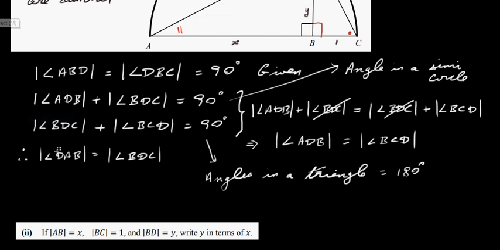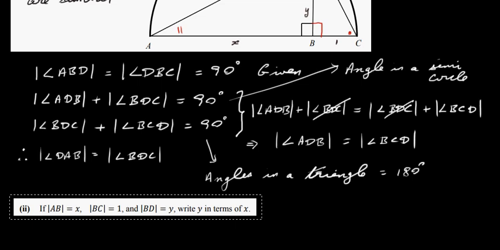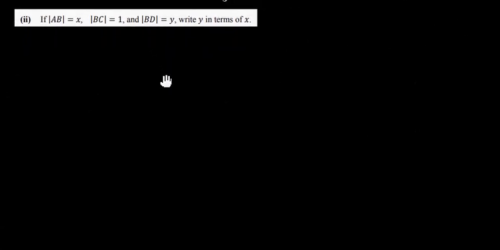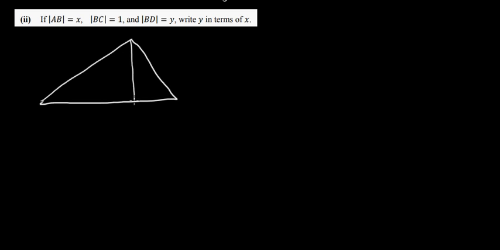Actually, what I might do first is just move this up a little bit, give myself some room, and let's just redraw that triangle with these conditions in there. So we have our triangle that looks something like this, and we have this distance down along here.